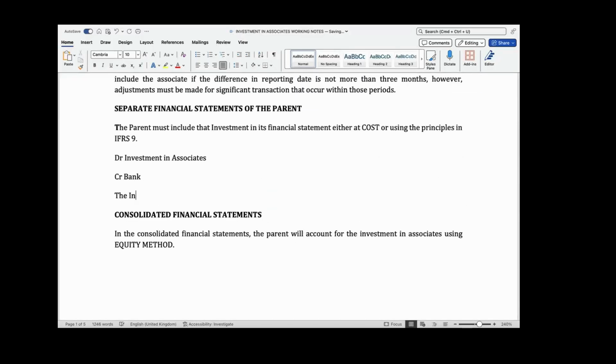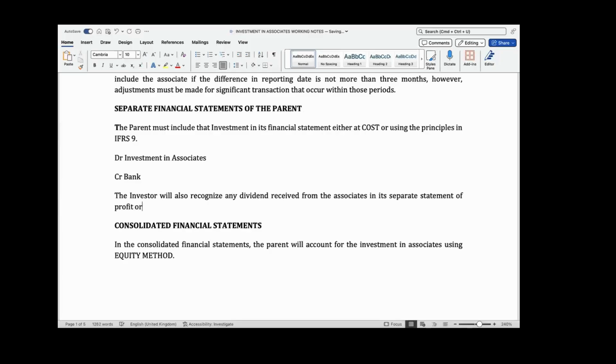the investor will also recognize any dividend received from the associates in each separate statement of profit or loss.